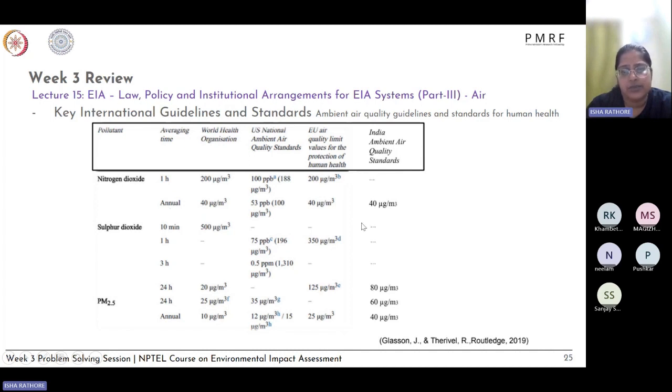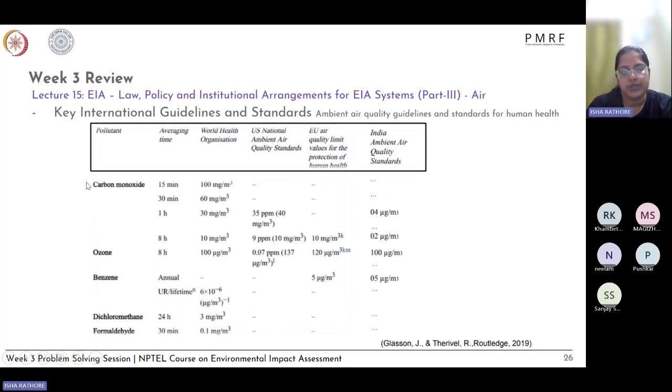We do an annual measurement, and we give that measurement. It also gives you the kind of measurement techniques and what kind of standards are available. Similarly, for the other pollutants, this comparison is presented.